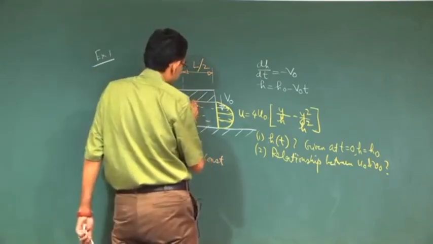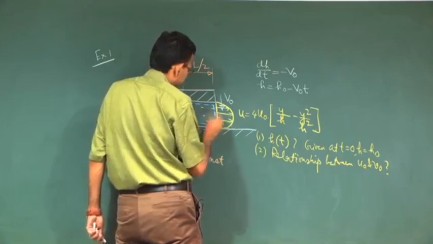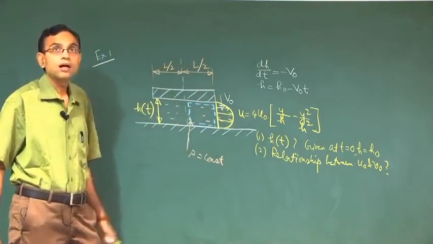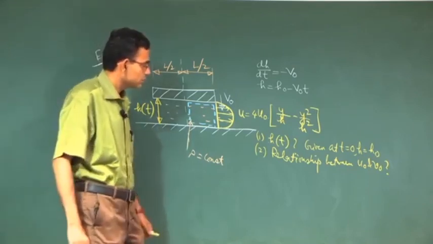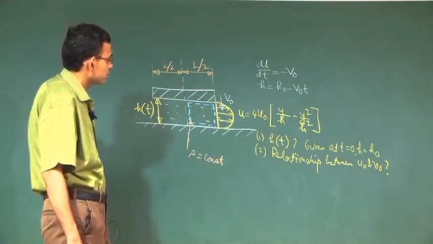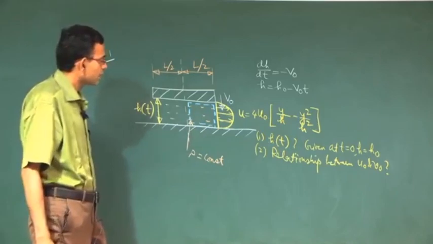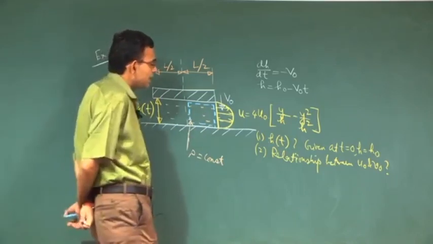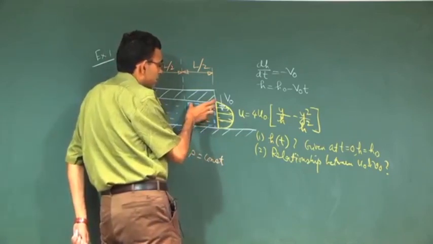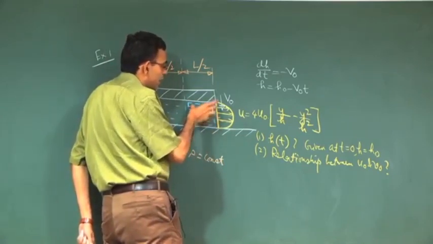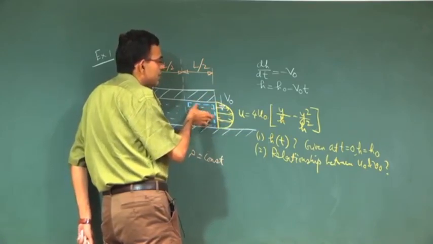So let us make a control volume like this. And in this control volume let us assume that the sides of the control volume, the edges of the control volume constitute a geometrical dimension which does not change.